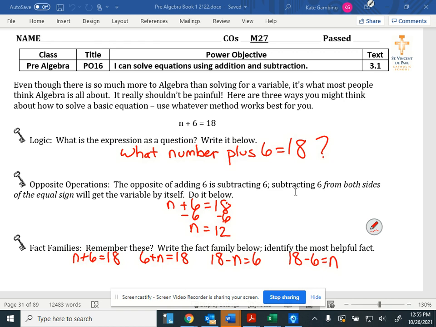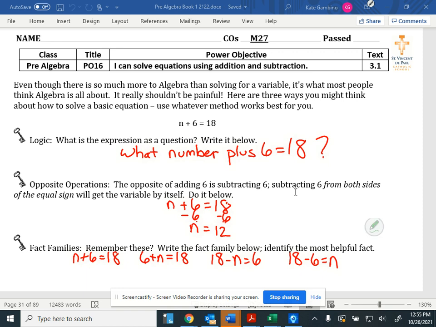So as with any equation, once you find a value for the variable, plug it into the original equation to make sure it works. Make sure you did your math correctly. So up here we said we subtracted out our 6, n plus 6 minus 6, and then 18 minus 6, and we got n equals 12.